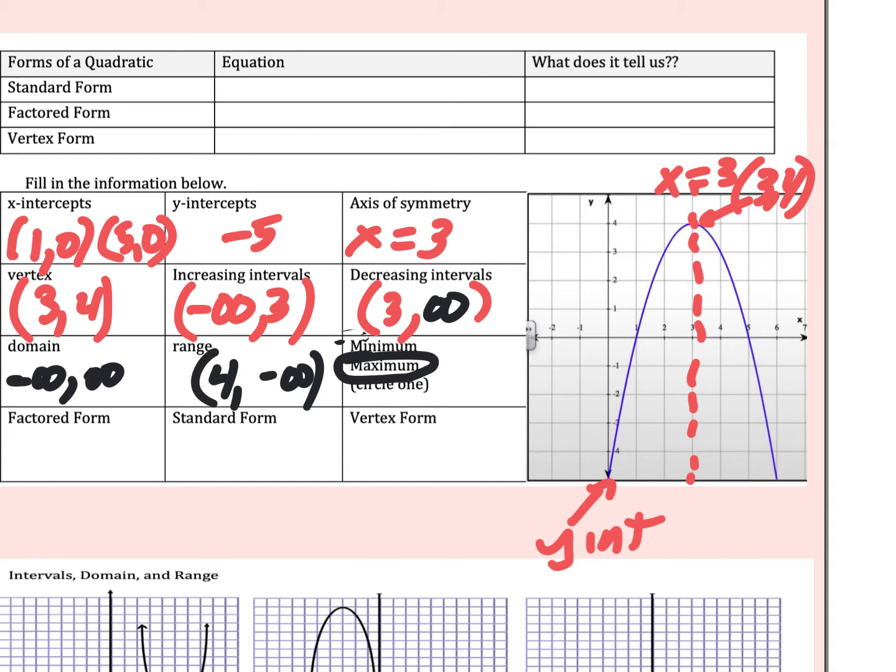Okay. I think I heard some people say where the mistake was. Where's the mistake? The y-intercept has an x equal to 0. 0 comma negative 5. Good.